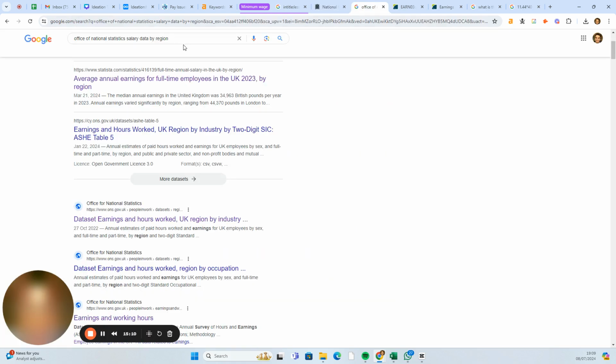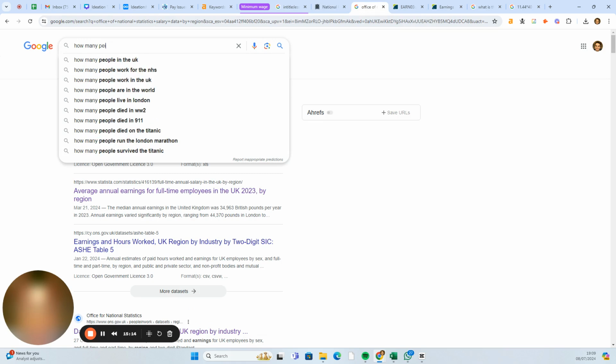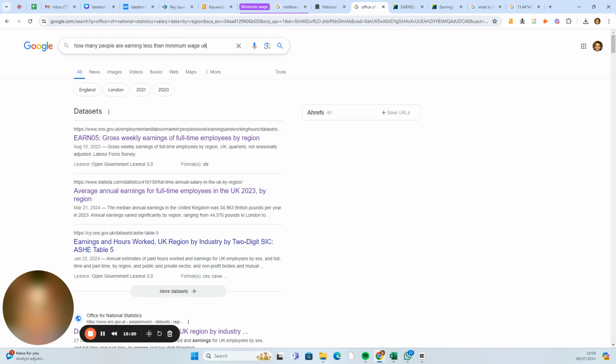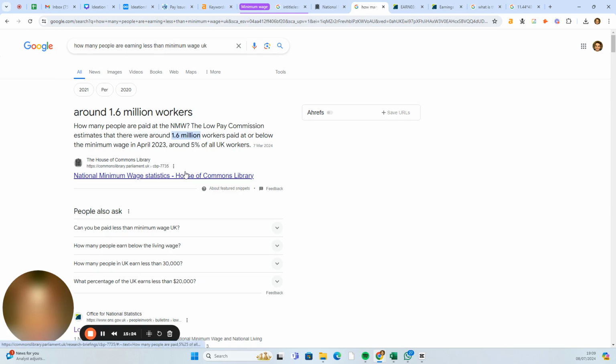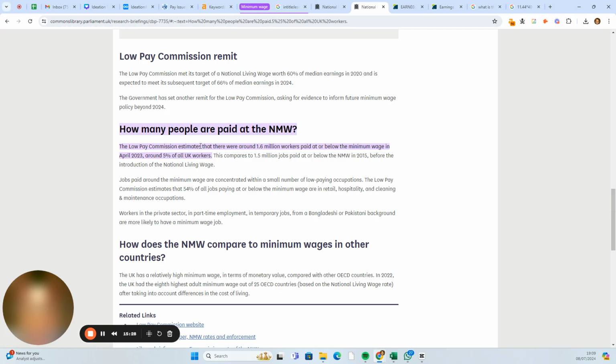and then you can also see, when you search how many people are earning less than minimum wage UK, that the answer just isn't good enough. It estimates that around 1.6 million people are being paid at or below the minimum wage.